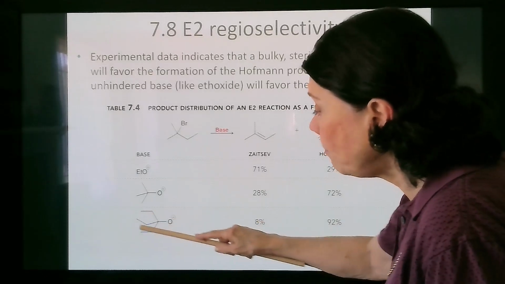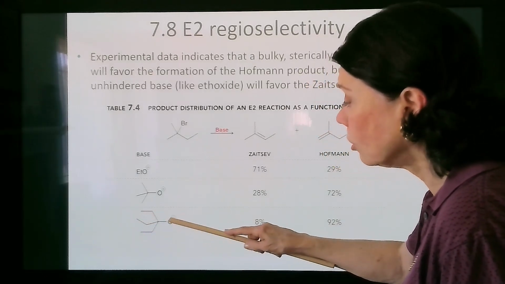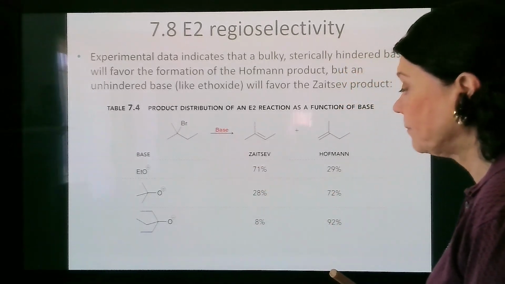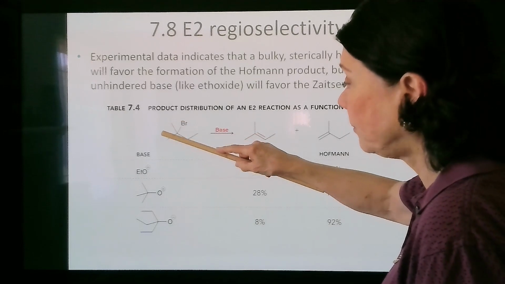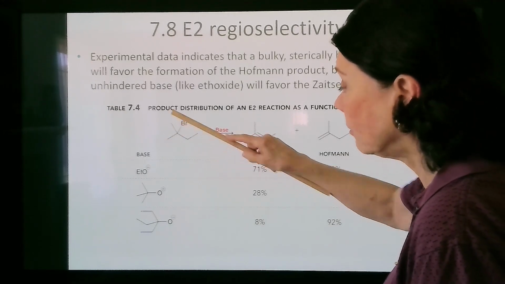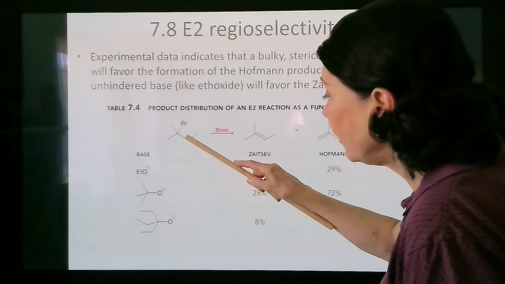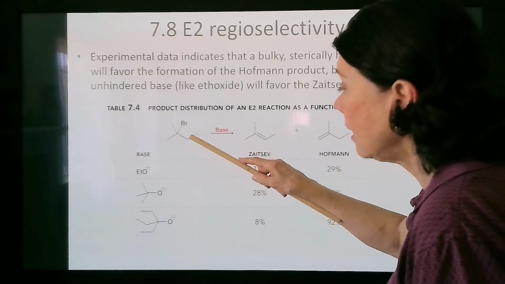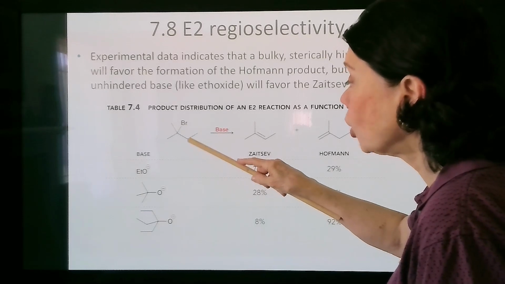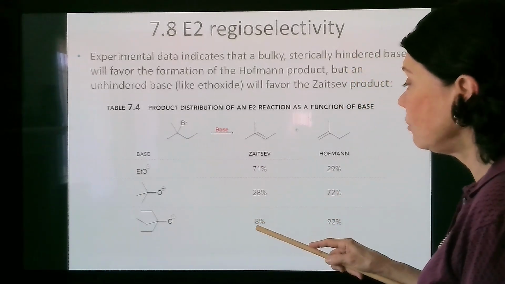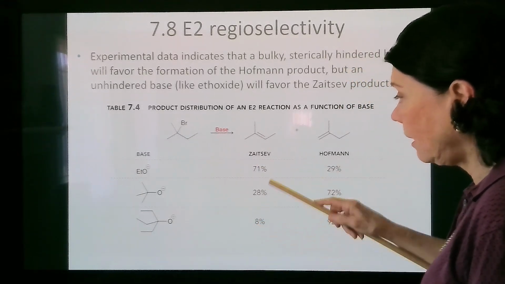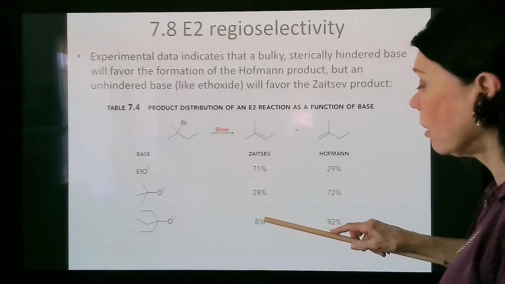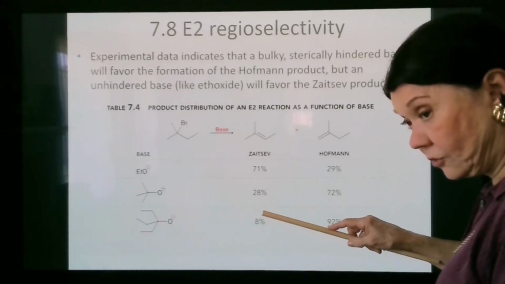And indeed, if you make the base even larger so that you increase the steric hindrance at that position, it's still just as easy for it to pluck a proton off of these terminal methyls, but it's harder for it to get in here. There's steric hindrance. And so you see that the internal double bond is formed even less.